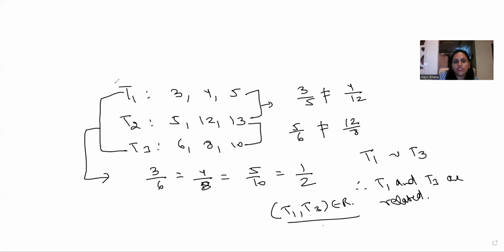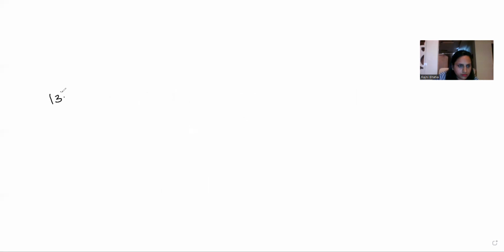Now we are going to move to question number 13. Question number 13 says, show that the relation R defined in the set A of all the polygons. Set A is the set of all polygons. Polygons are triangles, quadrilaterals, hexagon, decagon, heptagon.